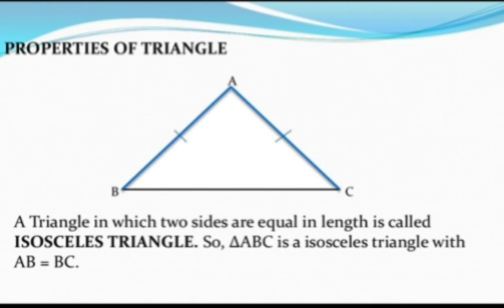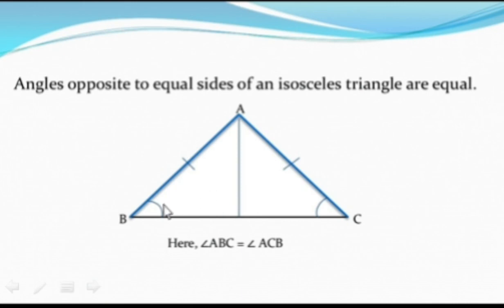Now properties of a triangle. This is a theorem, we'll prove it in class. What does it say? A triangle in which two sides are equal in length is called an isosceles triangle. So triangle ABC is an isosceles triangle with AB equal to BC.